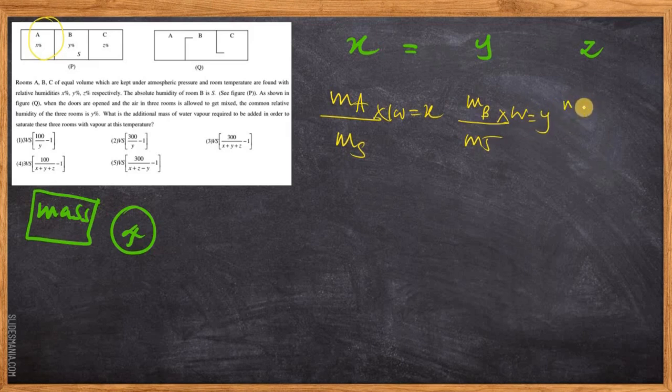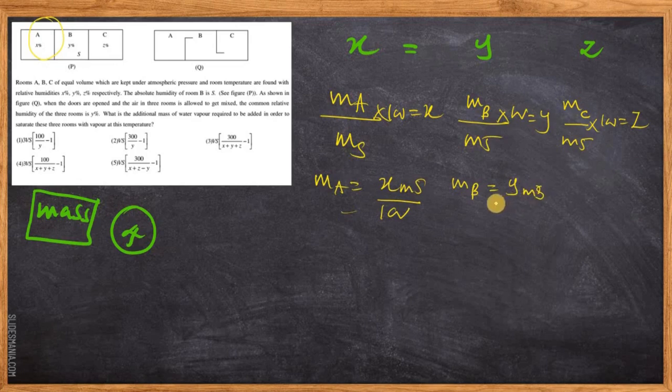At the same time, MC divided by MS into 100, I'm getting Z. So if I make MA the subject, MA equals x MS over 100. At the same time, MB equals y MS over 100, and MC equals Z MS over 100, right?